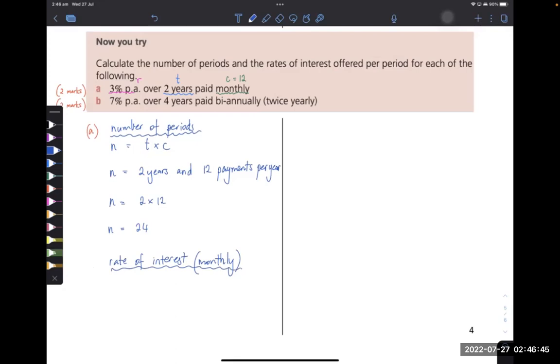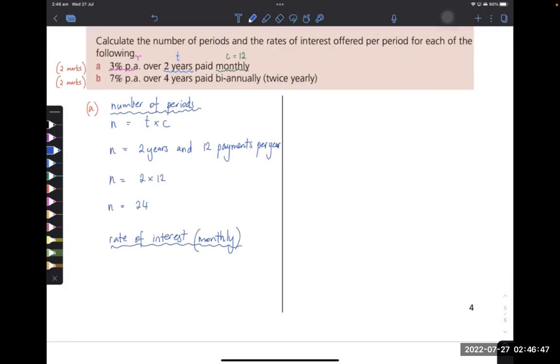So I'm just going to write here, we have the formula. The pay period is going to be R over C. So we take our rate at the top here, that's our rate, 3% per annum. And our C, or our compounding period, is 12. So we're going to write 3 divided by 12.